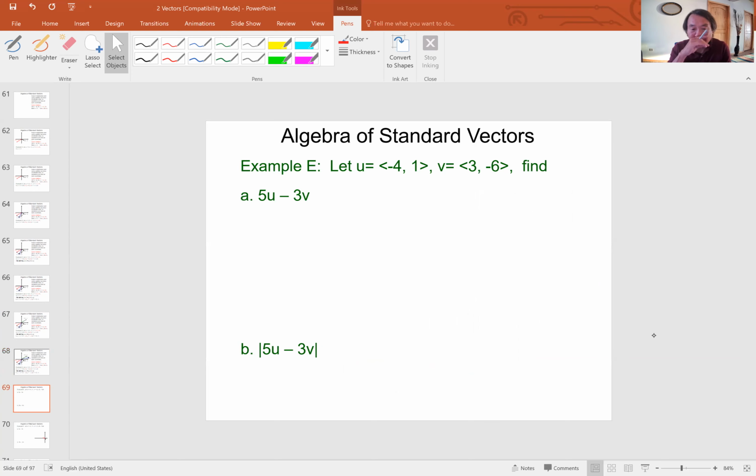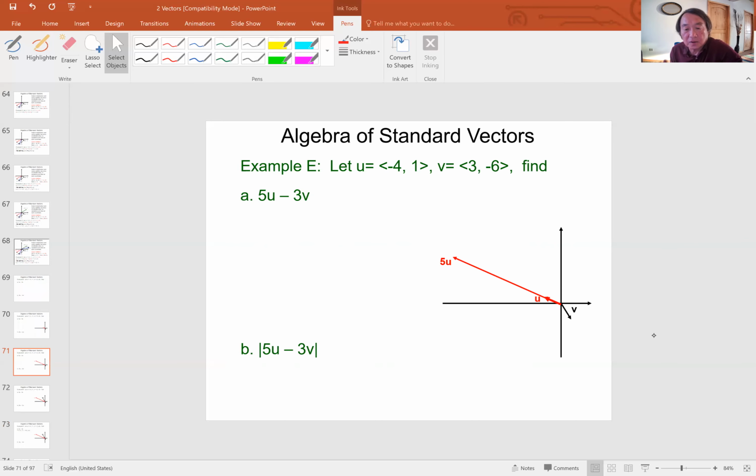For example, here are two vectors. We want to find algebraically what 5u minus 3v is, and here's the picture. Those are u and v over there. I use a very small scale because I'm going to stretch them. 5u means stretch the vector 5 times, and minus 3v means in the opposite direction, 3 times as long.